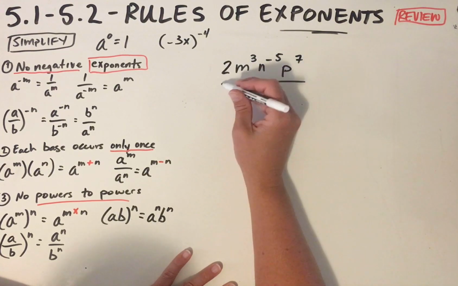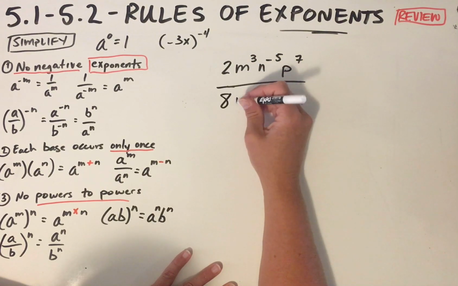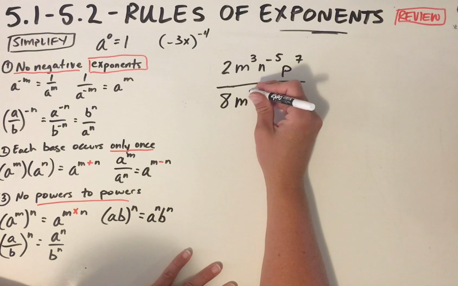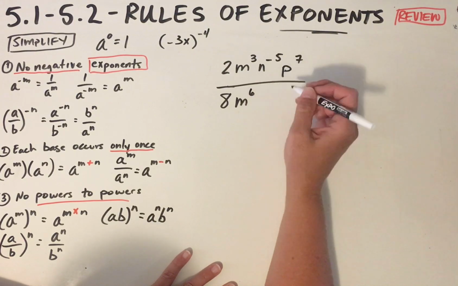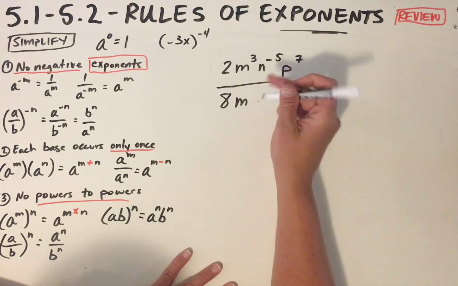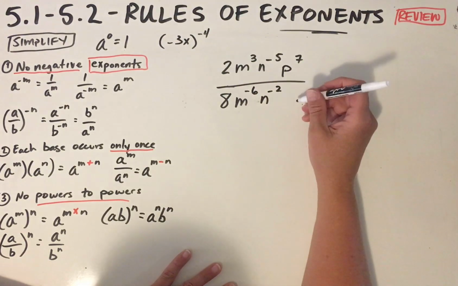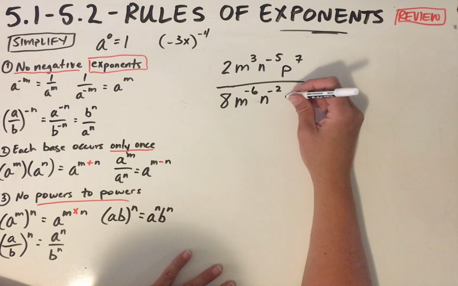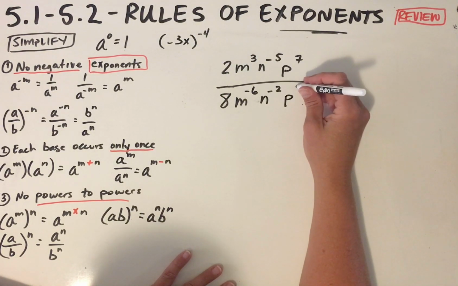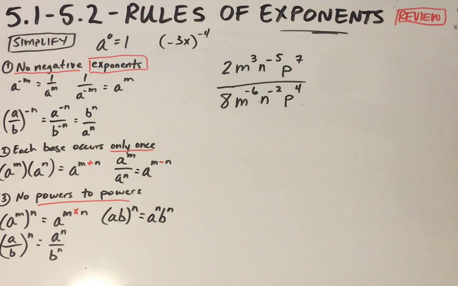Now let's make a 2 here, and an 8, and m to the 6th. Let's make that a -6. n to the -2, and p to the 4th. So this has a combination of negative exponents, and I see bases more than once. I can decide which order I'm going to do this in. I can combine bases first, or I can make positive exponents first.